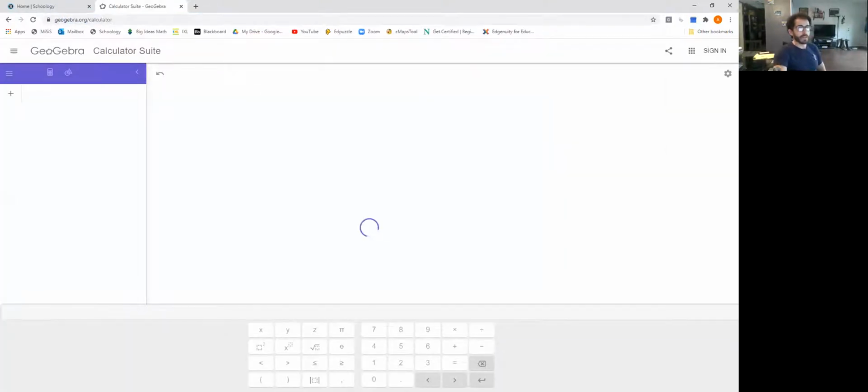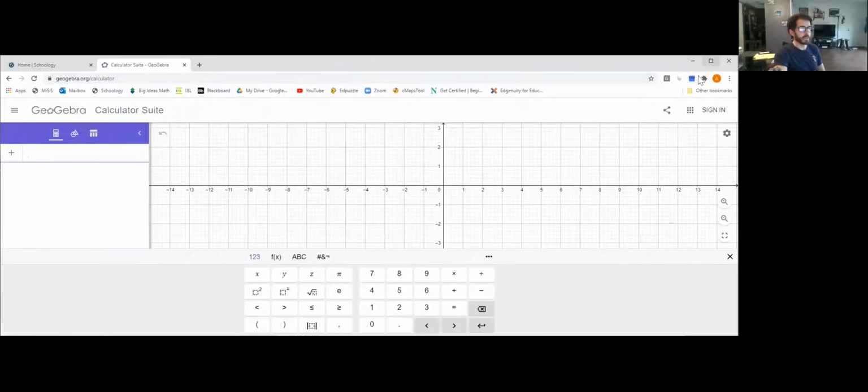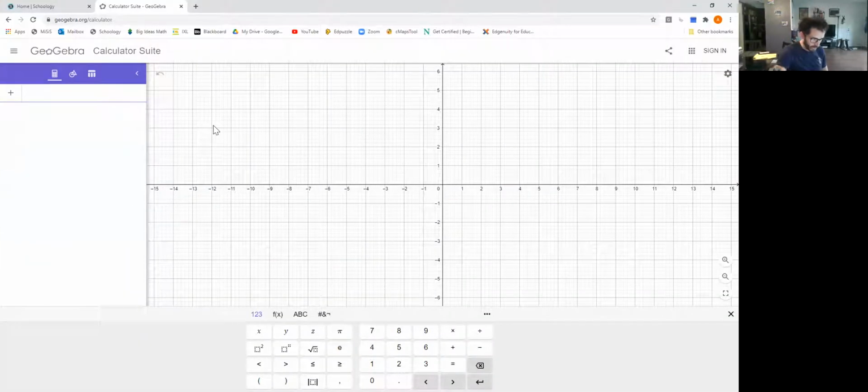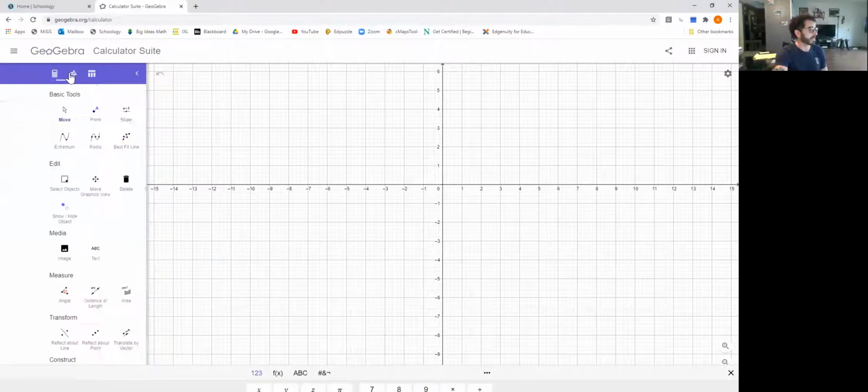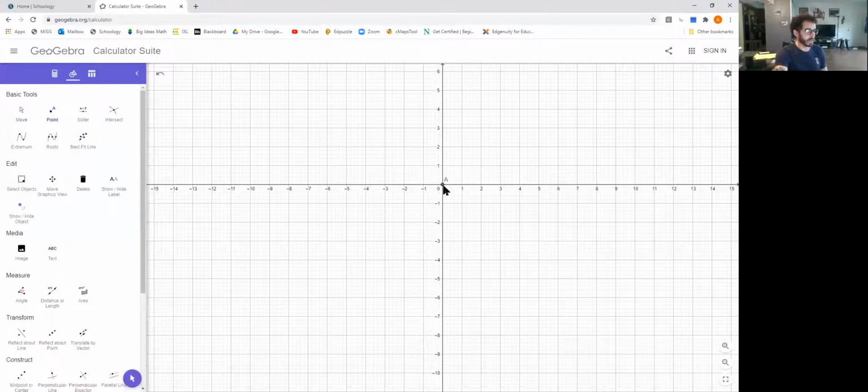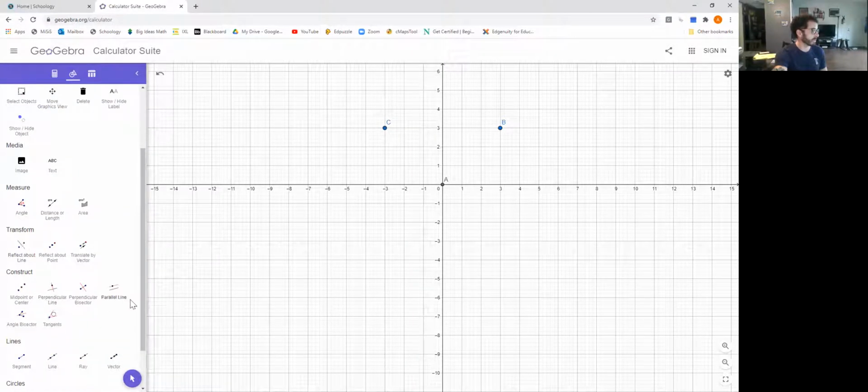So in Geogebra, we can do number 2 at the top or near the top middle of page 233. We have a triangle with vertices at 0, 0, 3, 3, and -3, 3.